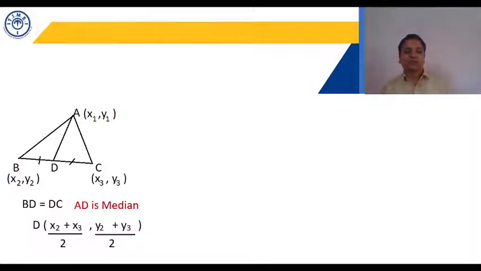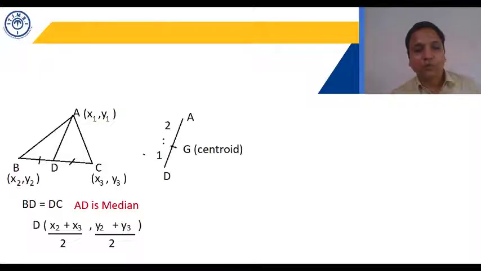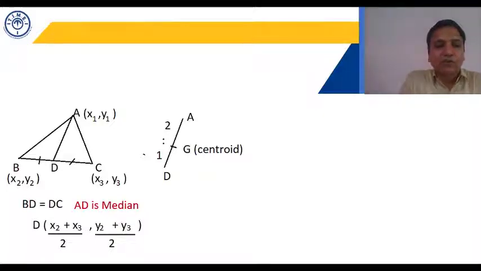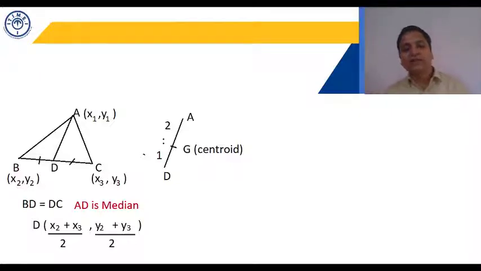We can have BE as another median and CF as another median, and all these three medians are concurrent. One important property we have: the point at which these three medians meet is called the centroid. And the centroid G divides AD in the ratio 2:1, 2 towards the vertex and 1 towards the side.